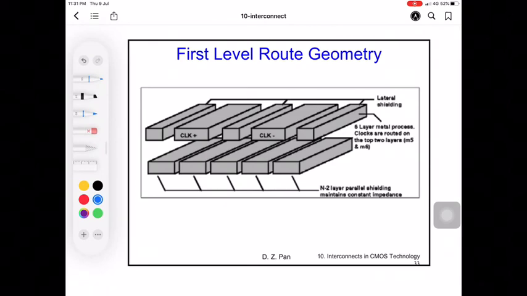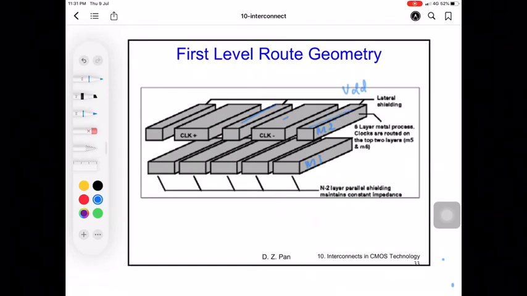So you can have the clock in this metal layer. So if this is metal 1, this is metal 2, right? To protect the clock from noise, we put something which is known as a shield. The shield is connected to either VDD or ground. So you put the clock in the middle, and on the adjacent sides, you put a wire which is connected to VDD, so that the signal is shielded.